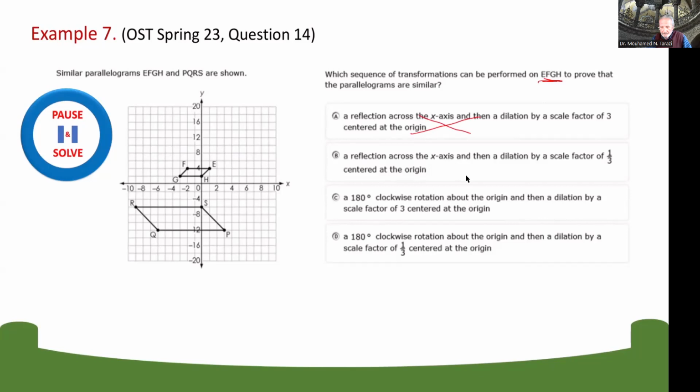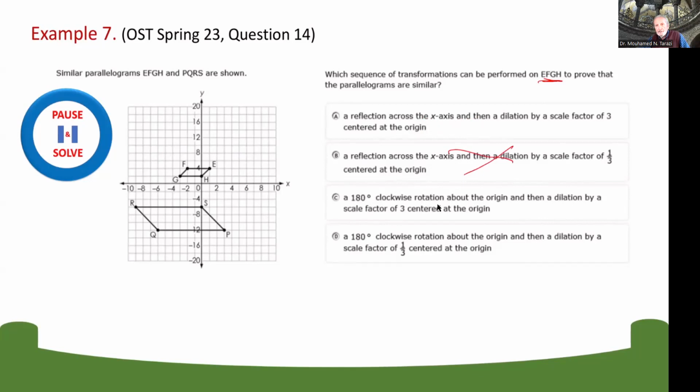We talked about the second one. No, A is still a good option. This one here is not a good option because 1/3 means you are shrinking it. This is not shrinking, just making it bigger.